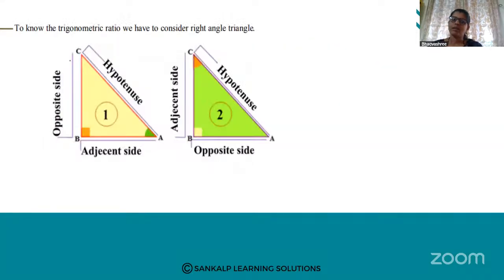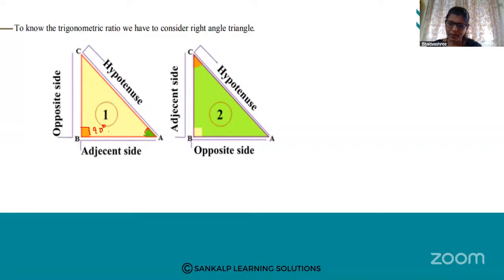Next one. To know the trigonometric ratios, we have to consider the right angle triangle. See, here 2 triangles are there. This is a right angle triangle. Again, at point B it is 90 degrees.